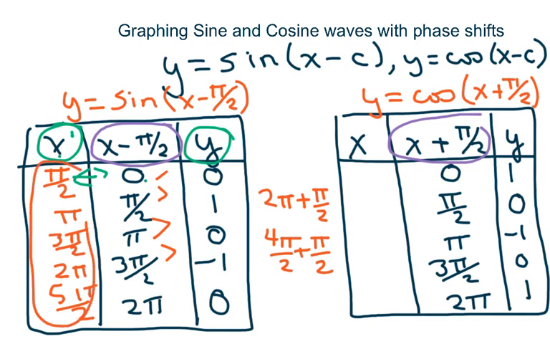Now we're going to graph these. What we're doing is shifting to the right by pi over 2 radians, or 90 degrees. On the cosine, we're going to shift left by pi over 2. I asked myself, what radian measure plus pi over 2 gives me this 0? So basically, you're going to subtract pi over 2 here, get 0, and then just keep subtracting.